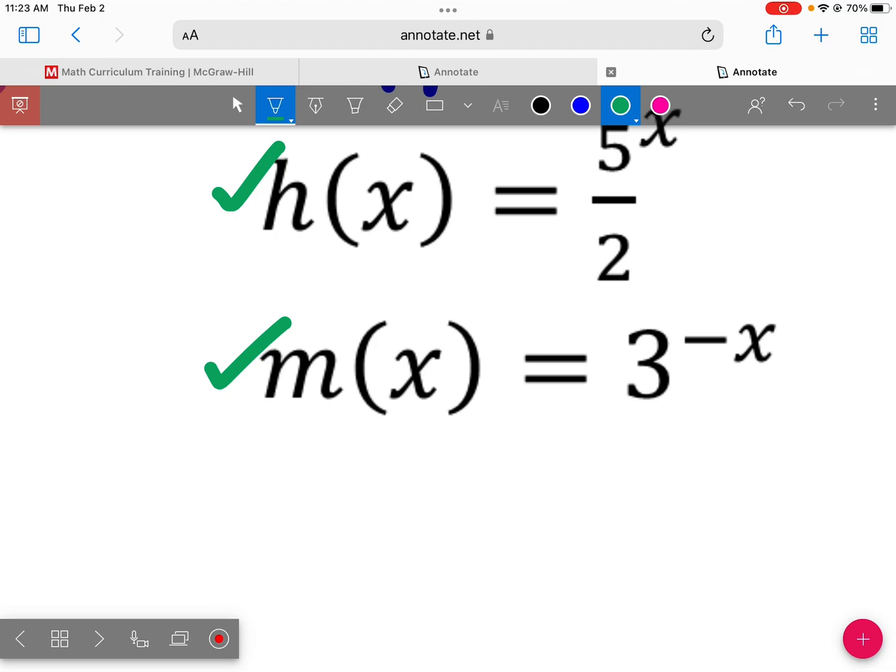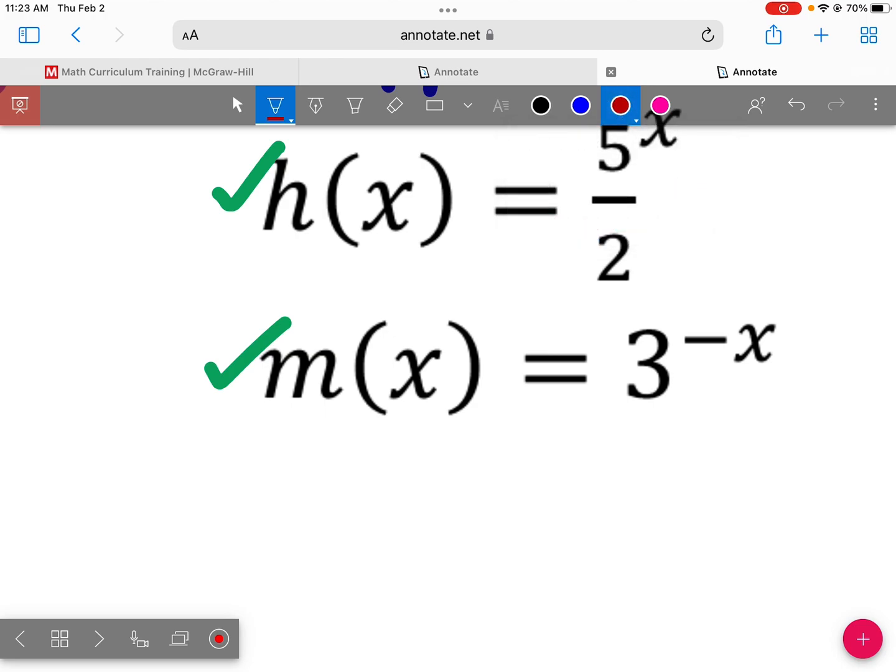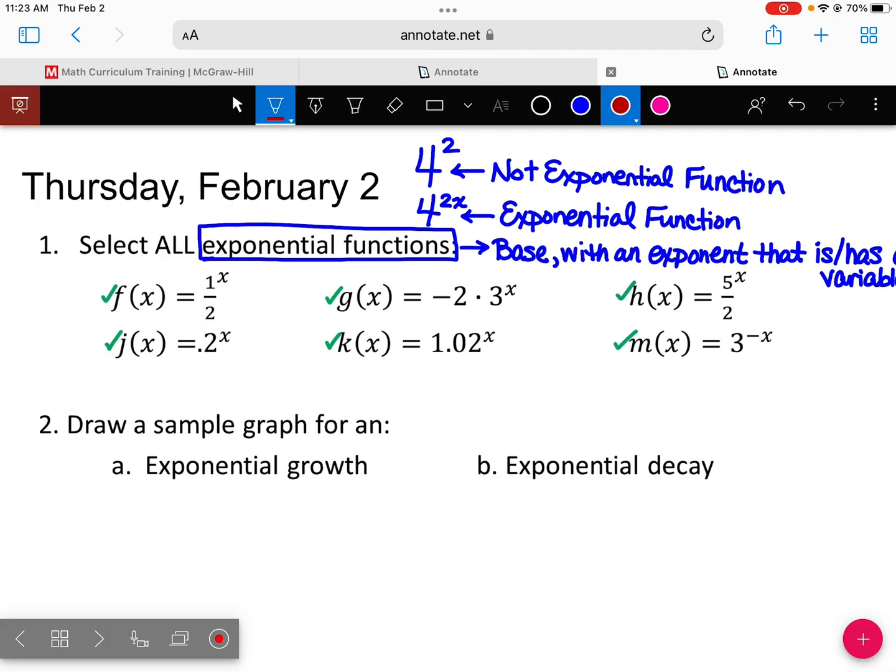I'm going to pick a couple out randomly. And I want you to tell me whether they're growth or decay. J of x, is that growth or decay? Ooh, I got both answers. What are we looking for? It's decay because the base is smaller than 1, yes.